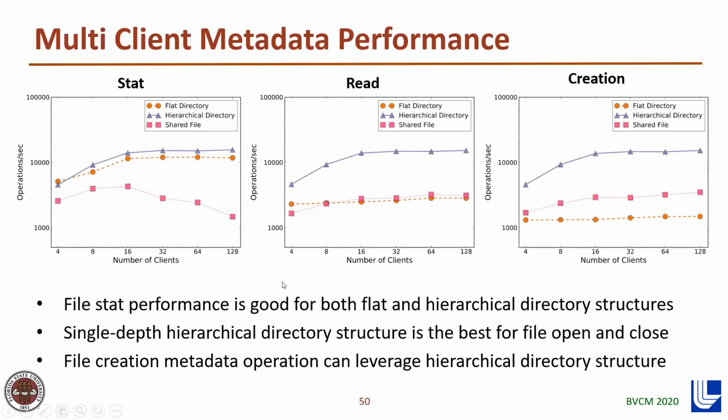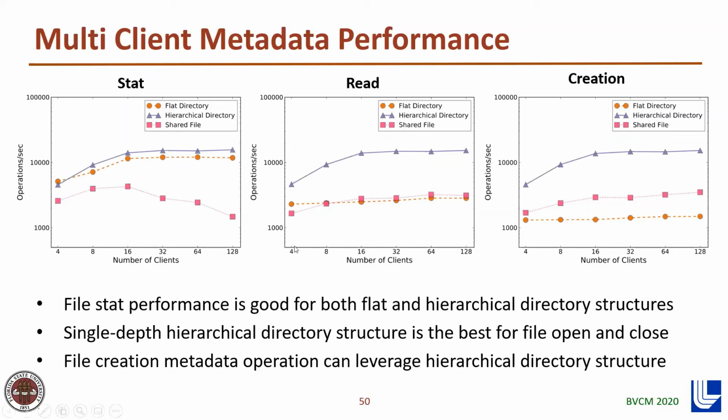We found that for file stat, the performance is good for the flat directory structure, where we have all 400,000 files in a single directory, and also for the hierarchical directory structure, where the files are distributed into a number of subdirectories equal to the number of processes we had here.